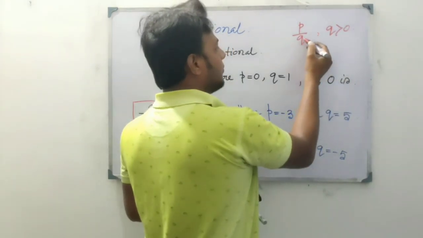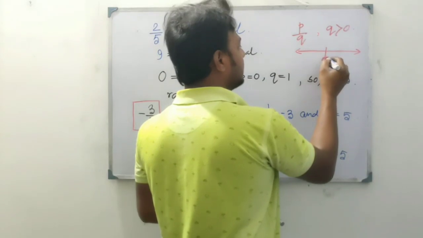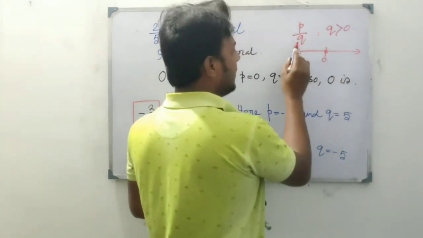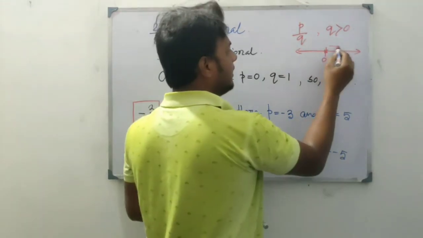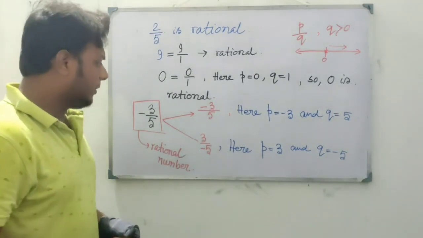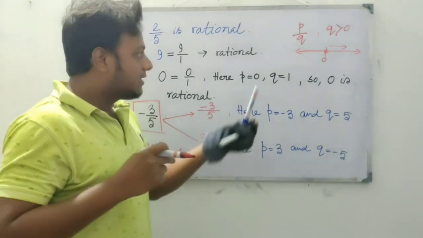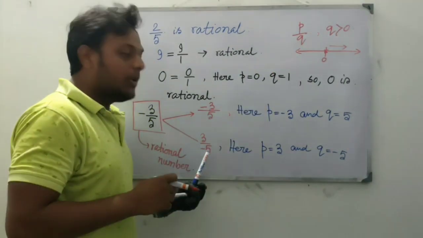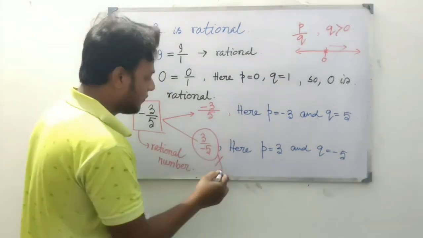Then this q, if this is the real line, suppose this is 0, then it can't be 0. But if they are habituated with q greater than 0, that means q can't be a negative number. If it is already in his mind that q can't be negative, then they will reject this form. Why?